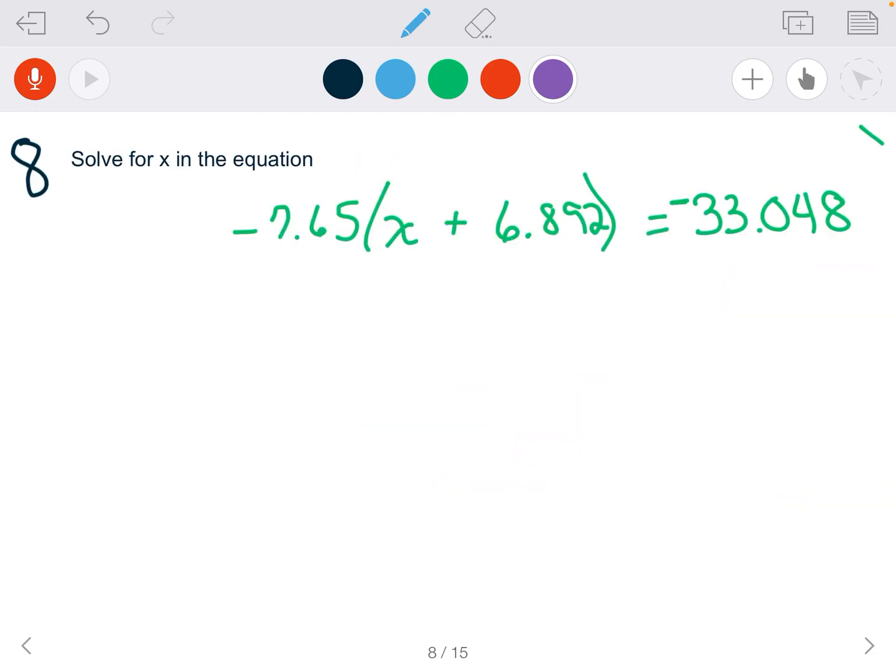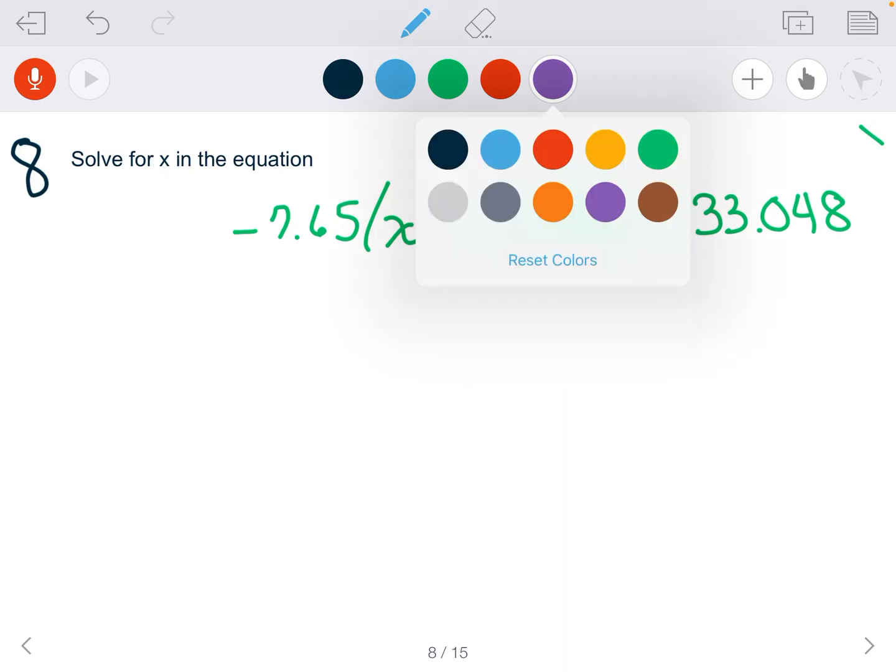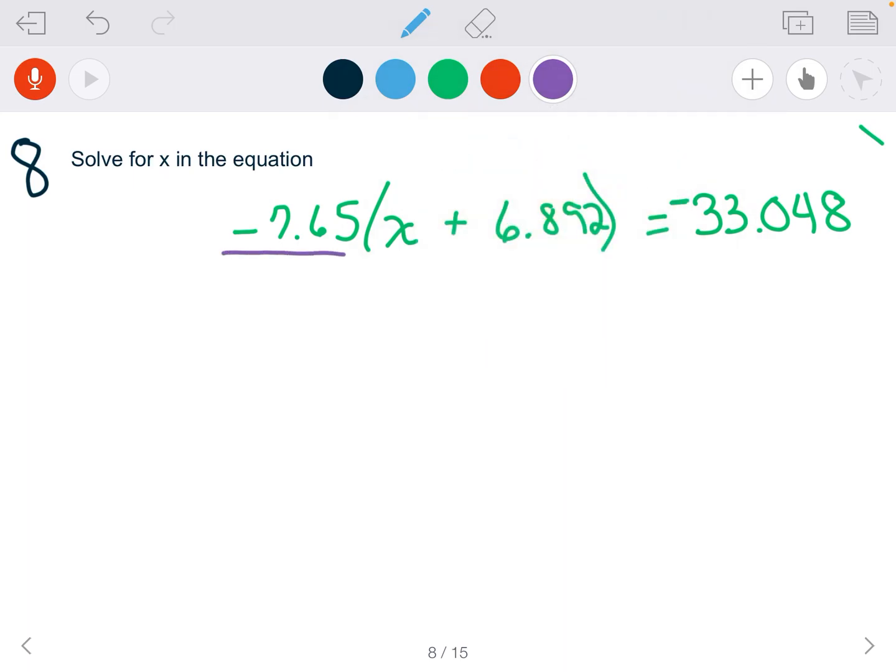All right, moving on to number 8. Similar to your test, we're solving the equation here. Again, I'm going to get rid of the number out front, the multiplication. Remember, anytime you see a number in parentheses, it's multiply. So I'm going to divide both sides by a negative 7.65, taking the negative sign with it.